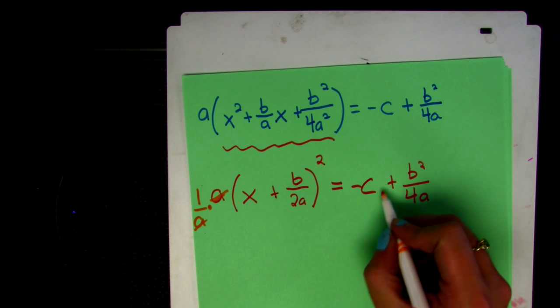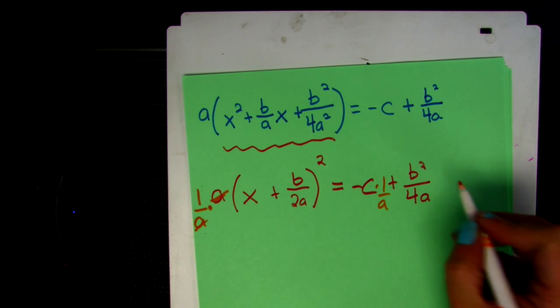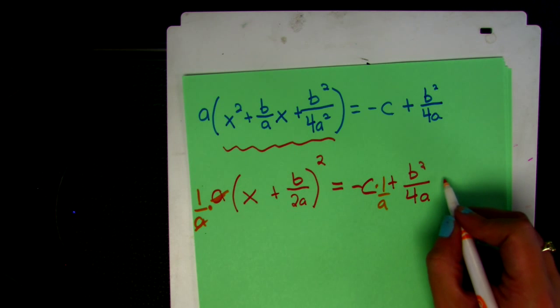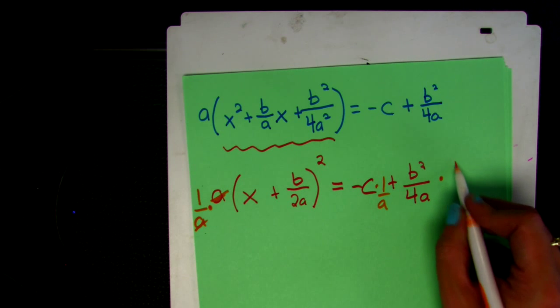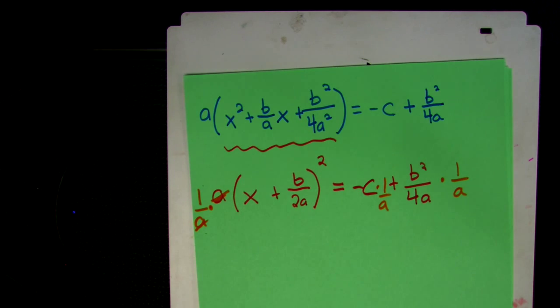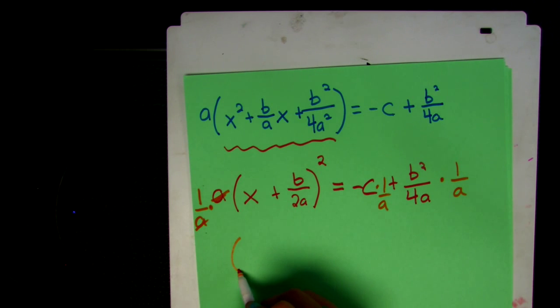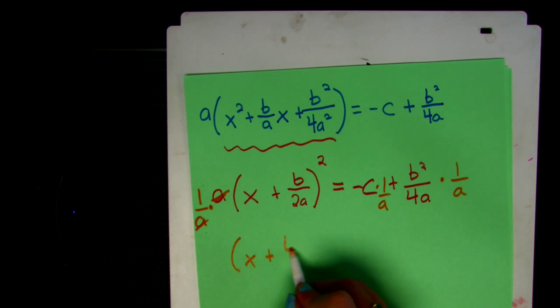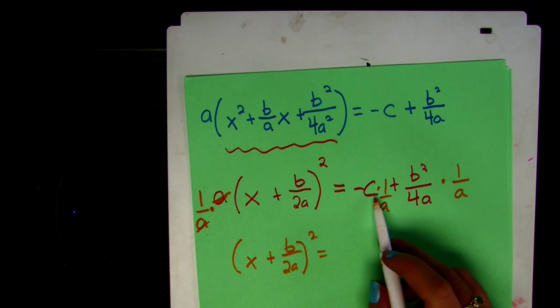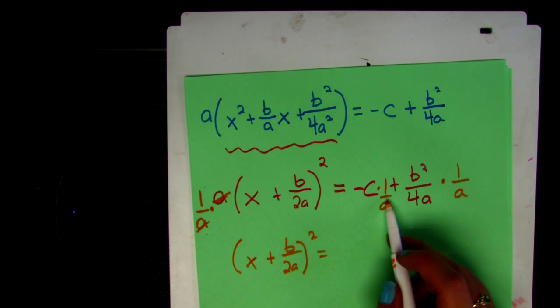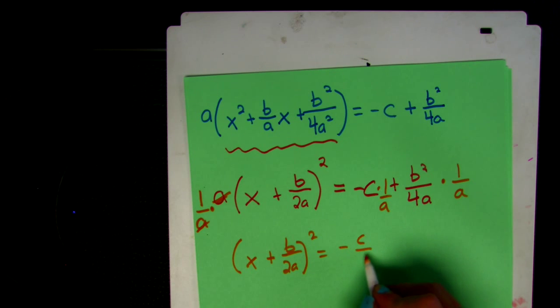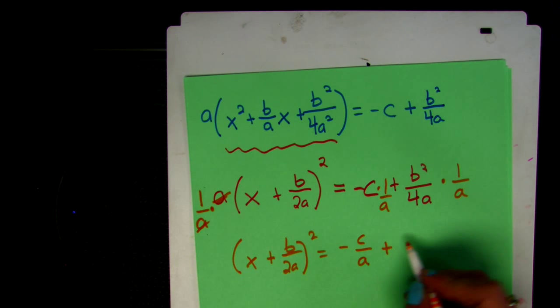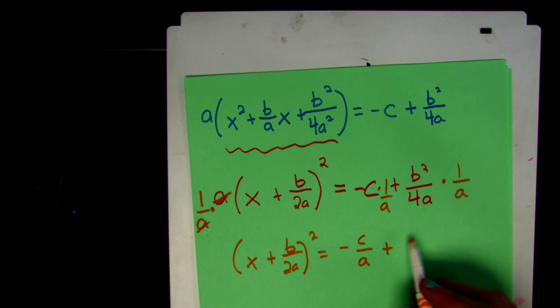So I'm going to multiply c by 1 over a, and I'm going to multiply b squared over 4a by 1 over a. So now I have x plus b over 2a, squared, equals negative c times 1 over a, which becomes negative c over a, plus this becomes b squared over 4a squared.